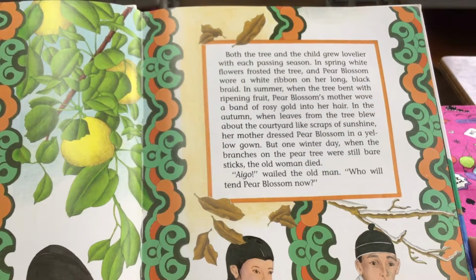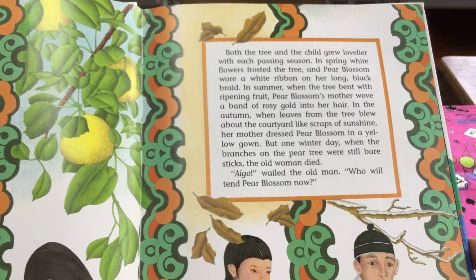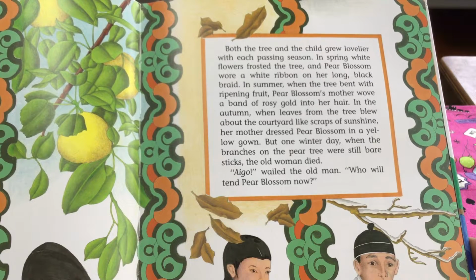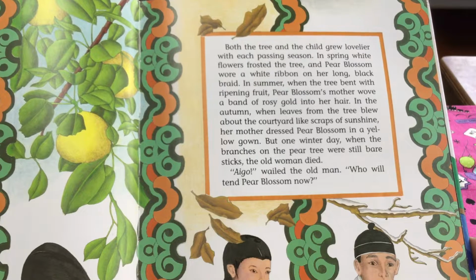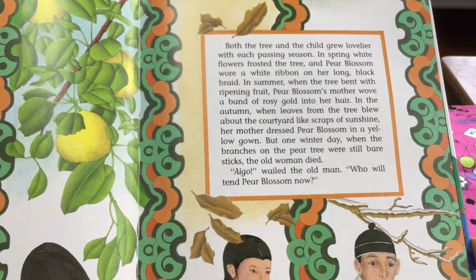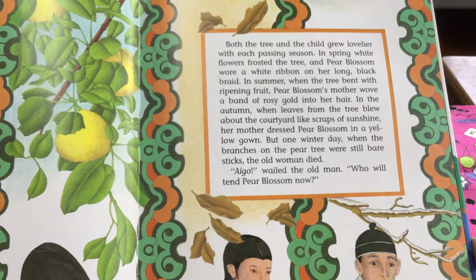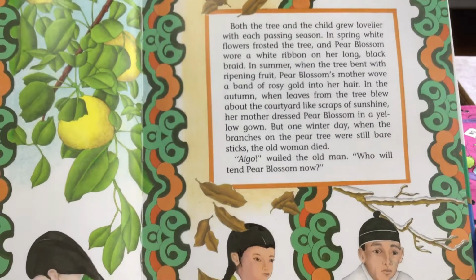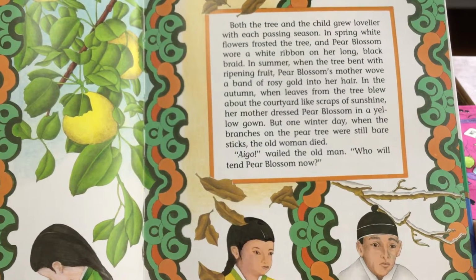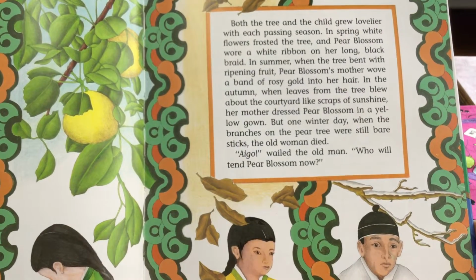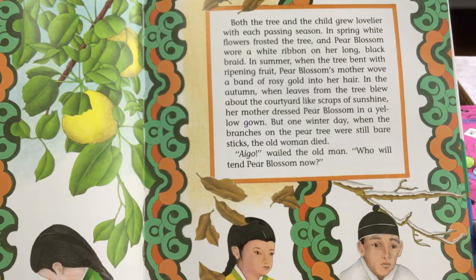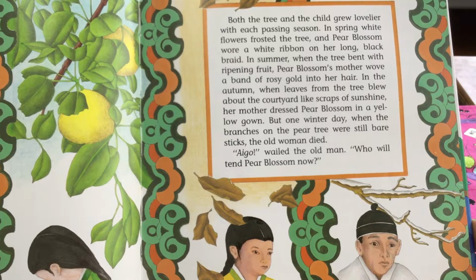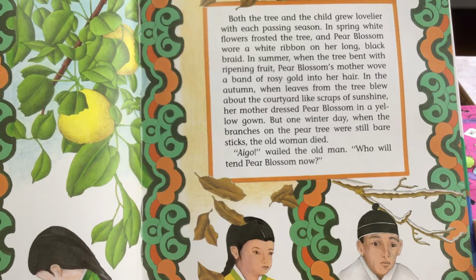Both the tree and the child grew lovelier with each passing season. In spring, white flowers frosted the tree, and Pear Blossom wore a white ribbon on her long black braid. In summer, when the tree bent with ripening fruit, Pear Blossom's mother wove a band of rosy gold into her hair.